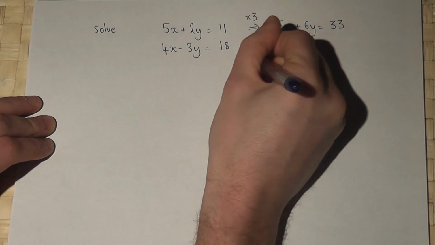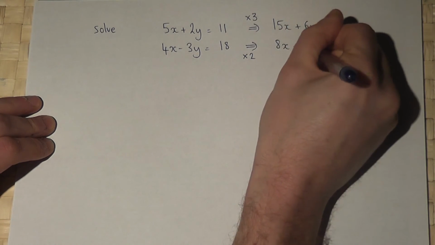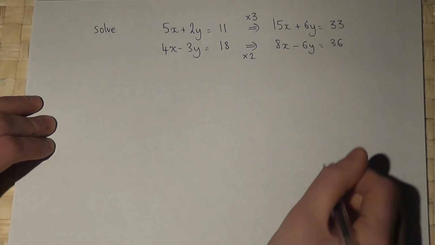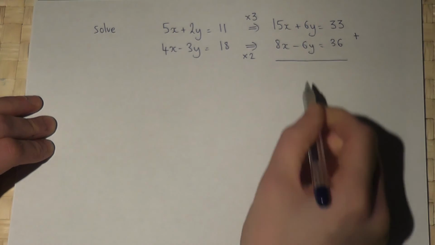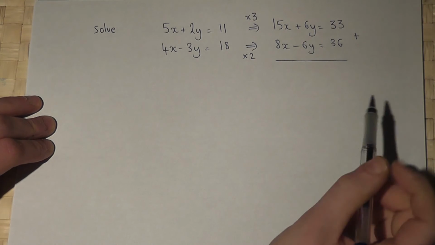If I times the second one by 2, I get 8x minus 6y equals 36.